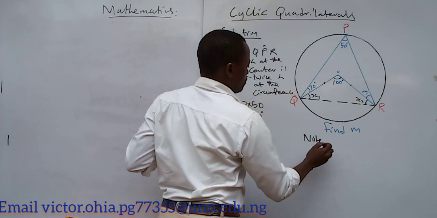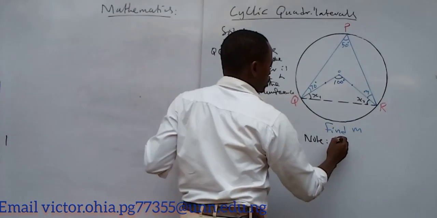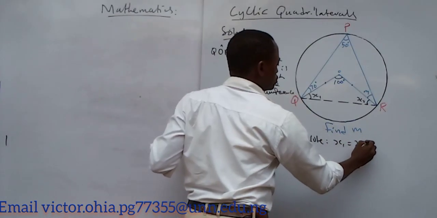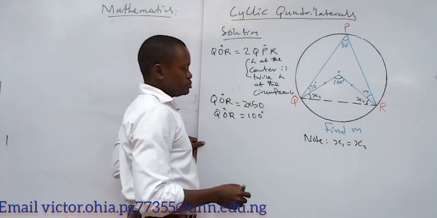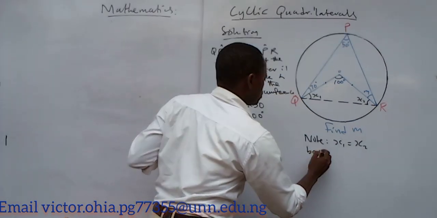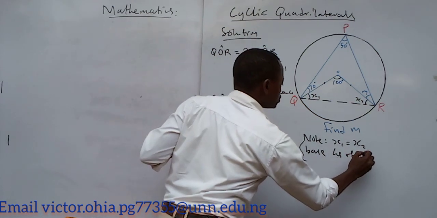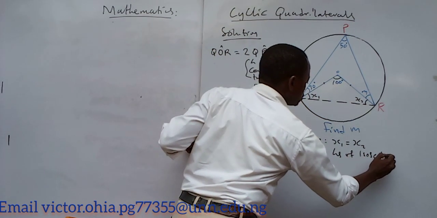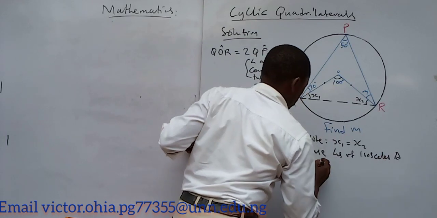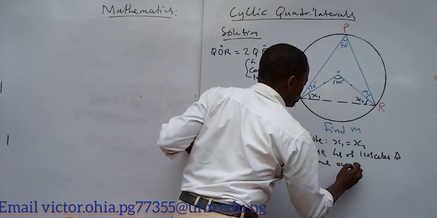Having been able to get that, note x1 is equal to x2. Why? Base angles of isosceles triangle are equal.